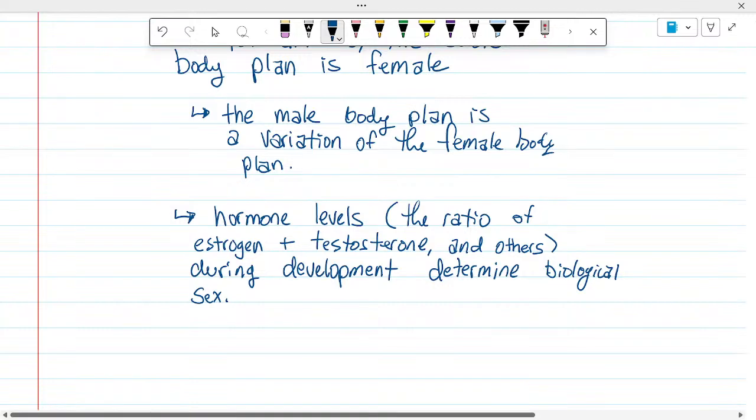Humans have relatively subtle sex variations compared to a lot of other animals. Birds are a big one. Often in birds there are massive differences in the traits of males and females. This is true in the insect world too, actually. We often see very big differences. In humans, it's relatively subtle, right? We're not talking about massive differences, certainly as viewed from across a room or something like that.